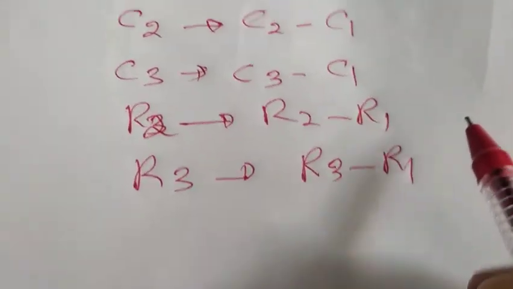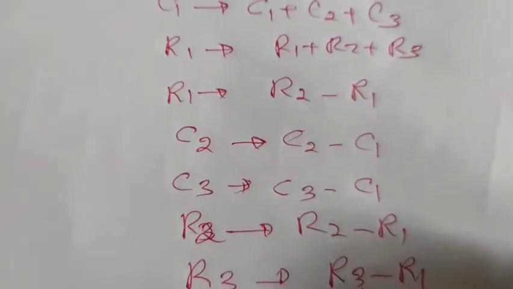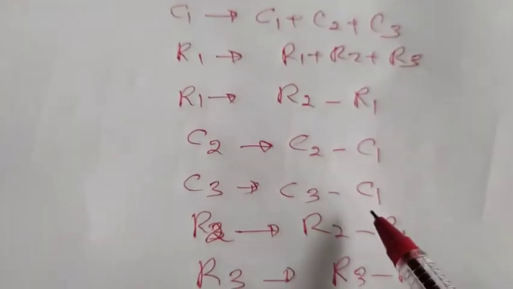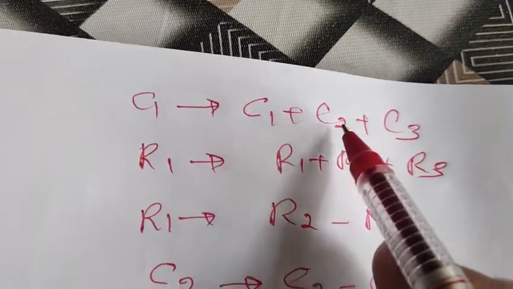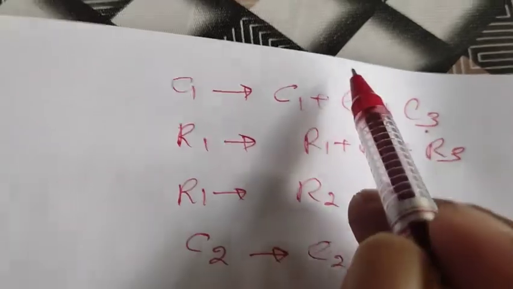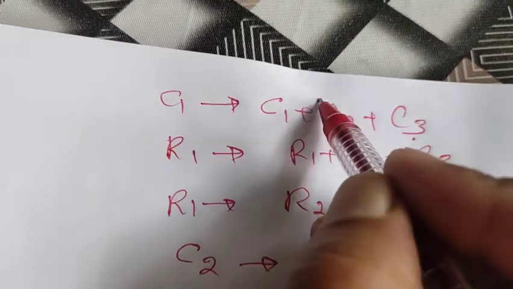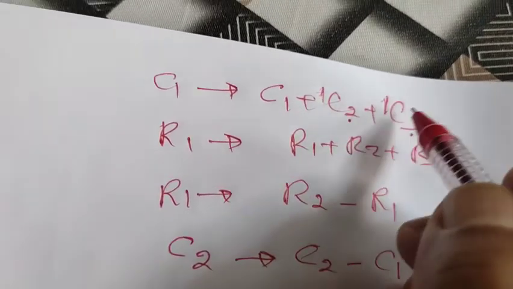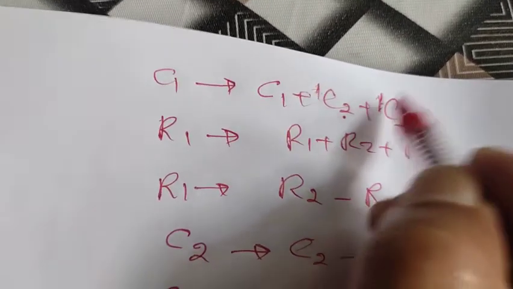So you can see here, addition or subtraction, you can use these formulas. So you can add columns 1, 2, 3 together. Here you can see C1 is added with constants, here K constant, here L constant.